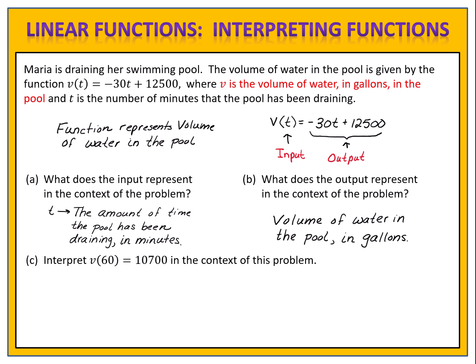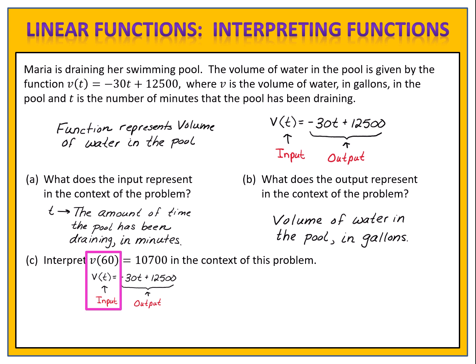Finally, they give us an unusual statement at the bottom: v of 60 equals 10,700. If we look at what we started with, we had the function v of t equals negative 30t plus 12,500. We said that t was the input, and that negative 30t plus 12,500 was the output.